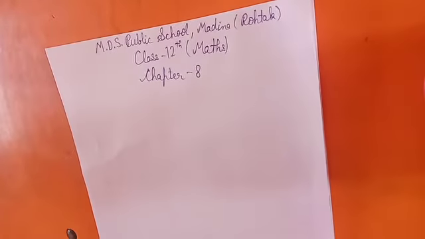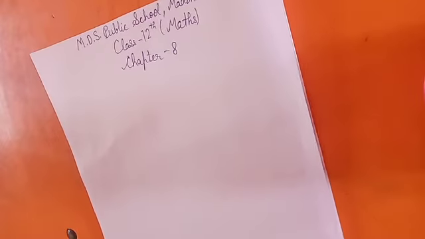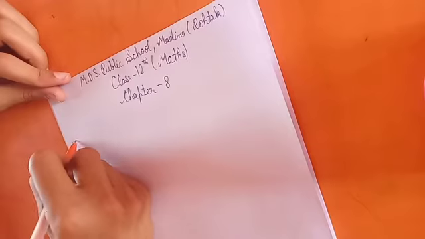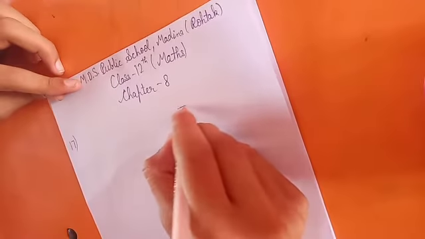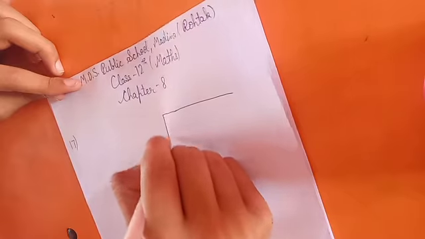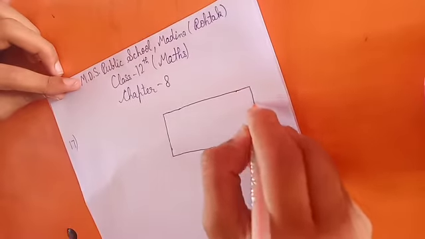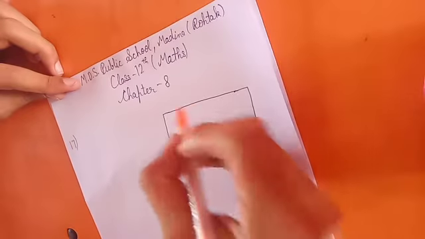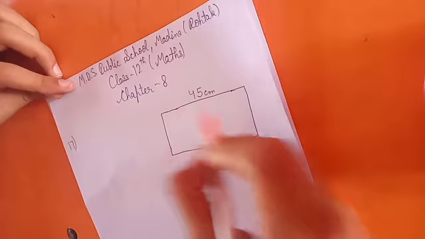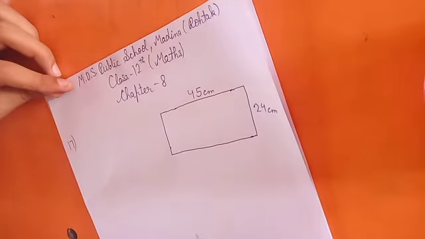Question number 17 is a rectangular sheet of tin, 45 centimeter by 24 centimeter. A rectangular sheet made up of tin is given to us, whose dimensions are given. Its length is 45 centimeter and its breadth is 24 centimeter.